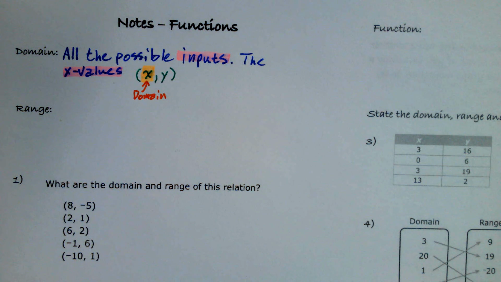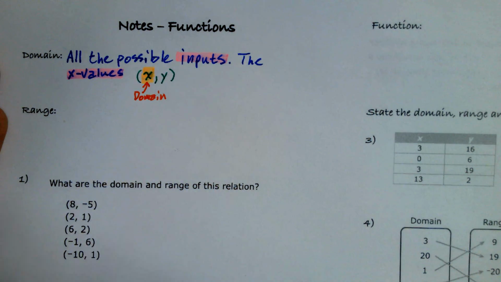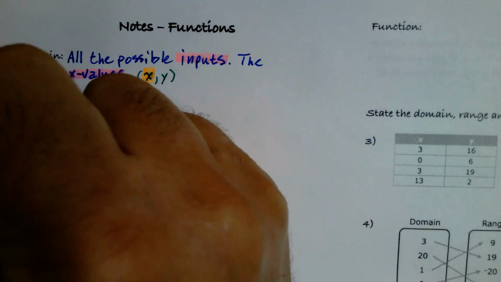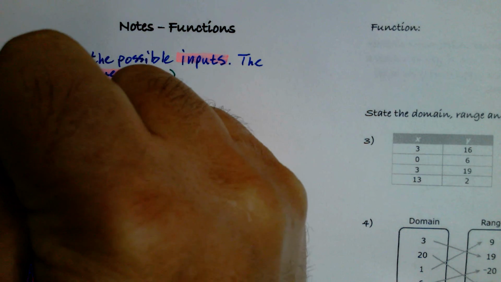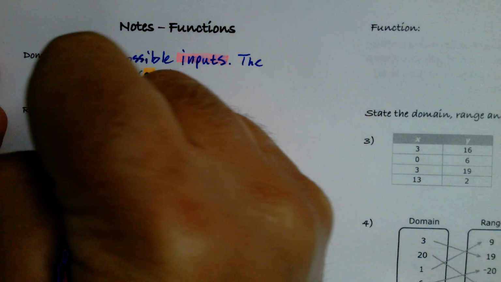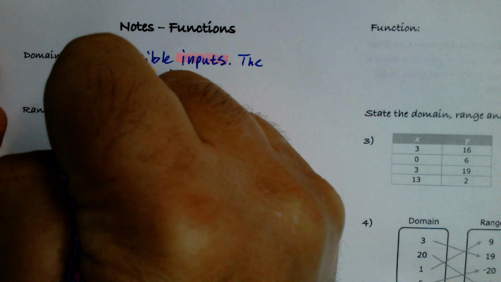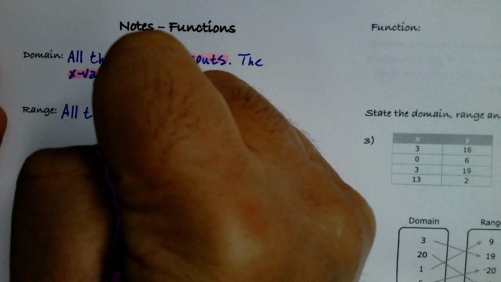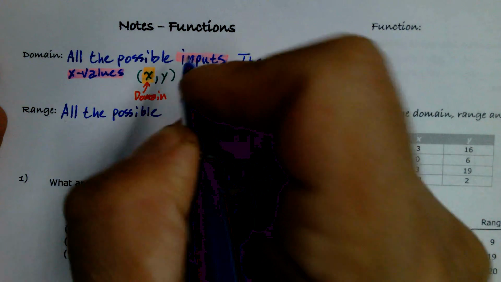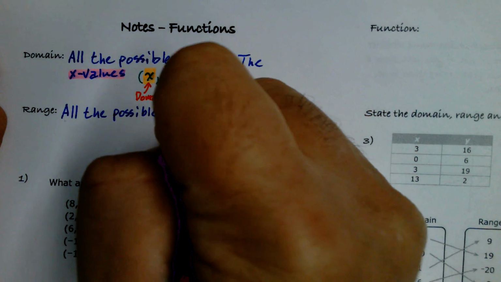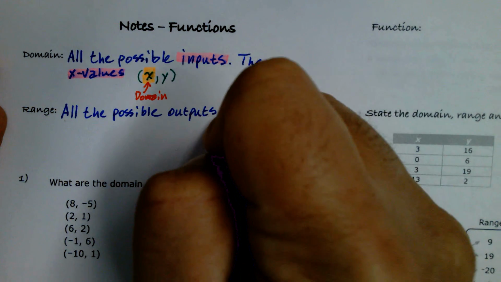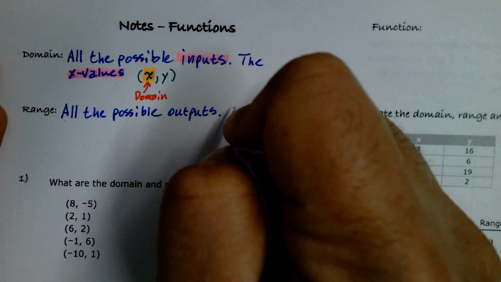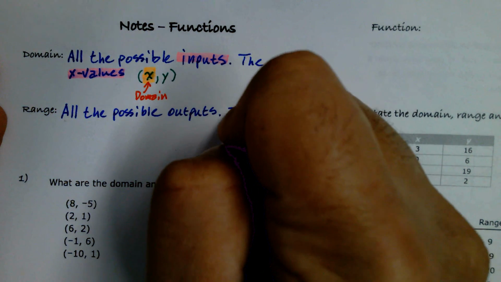If there's a domain, there's going to be a range. And the range is all the possible outputs. So those are going to be the y values.